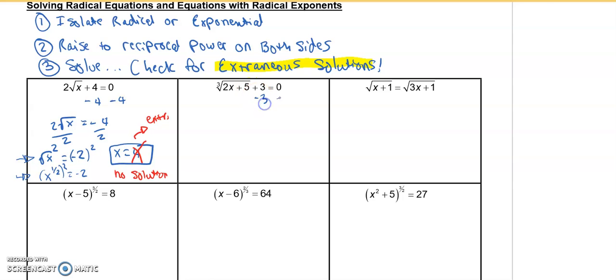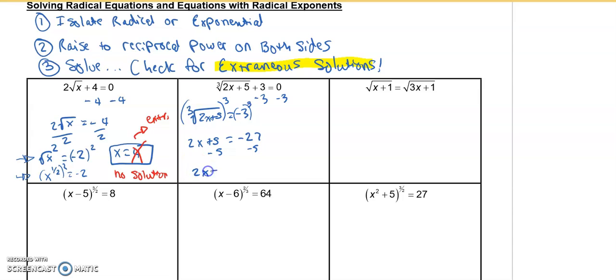Okay, I'll go through these as well. Subtract 3. Cube root of 2x plus 5 equals negative 3. The radical is by itself. I'm doing the cube root, so I need to cube both sides. Keep in mind this is negative 3 quantity cubed. So I'm just left with 2x plus 5 equals negative 27.